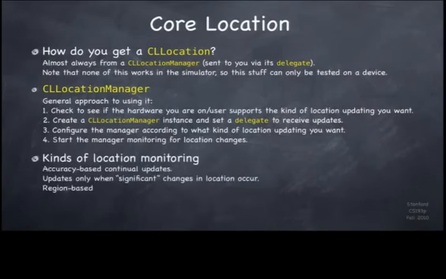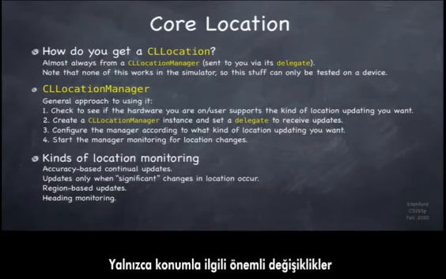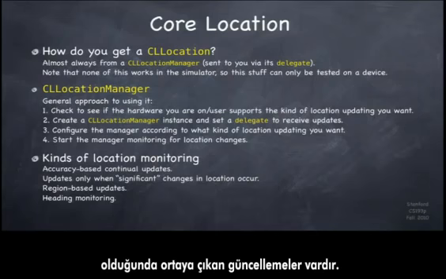Okay? Pretty straightforward. All right, so what kinds of location monitoring can it do? Well, there's accuracy-based continual updates, where you specify an accuracy, and it's going to give you updates at that accuracy level on a continuous basis as things change. There's updates only when significant changes in location occur. We'll talk about what that means.